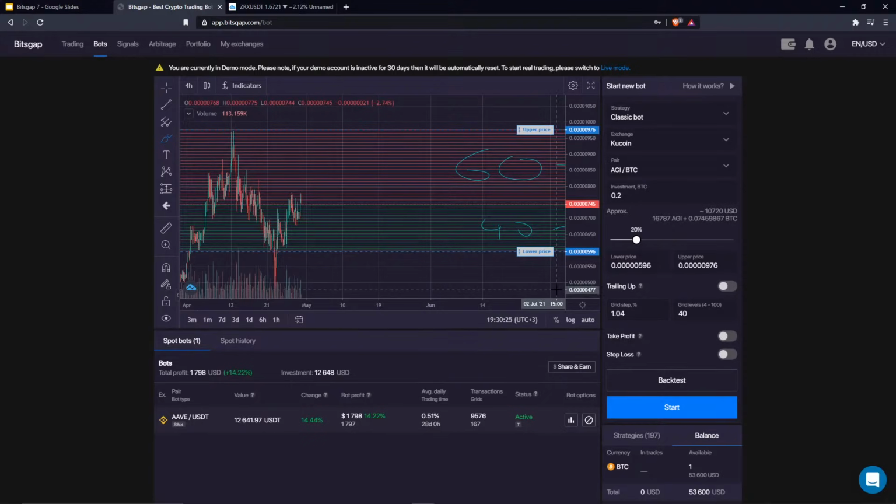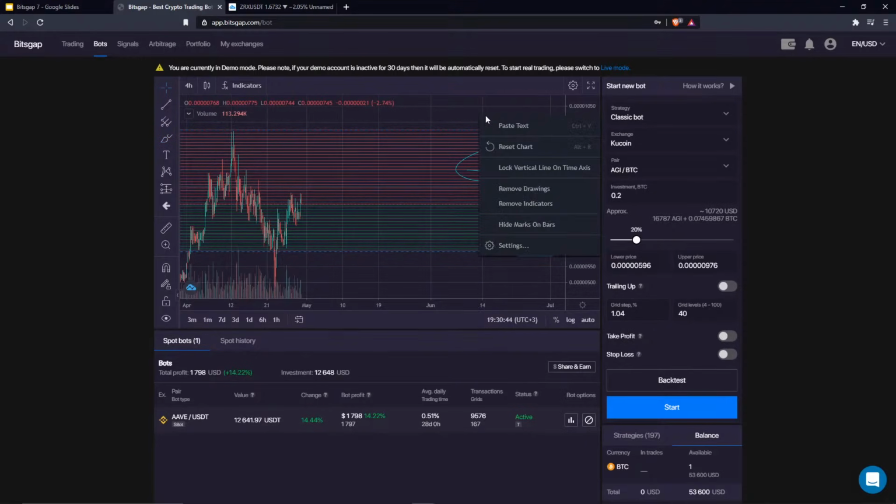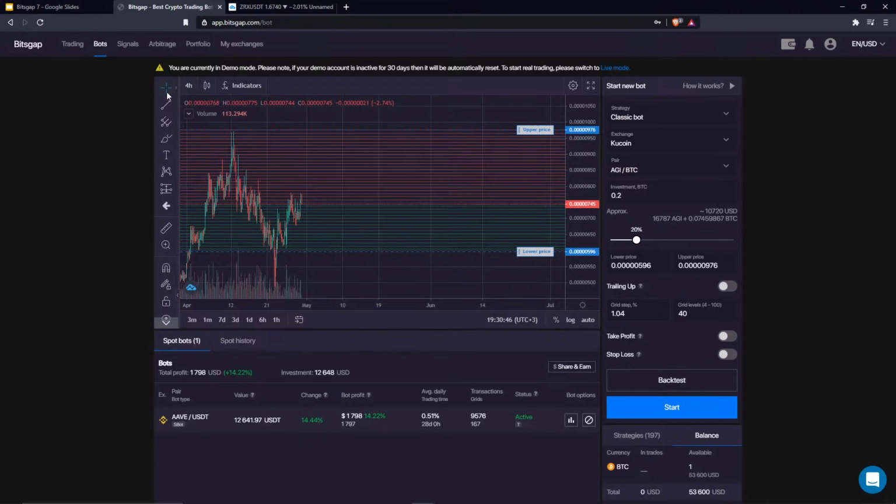So anyway, this is the configuration you can stick with, and we have these additional tools to maximize your return, to secure your profits, and to minimize the loss in case the market moves in the opposite direction. So let's remove the drawings.